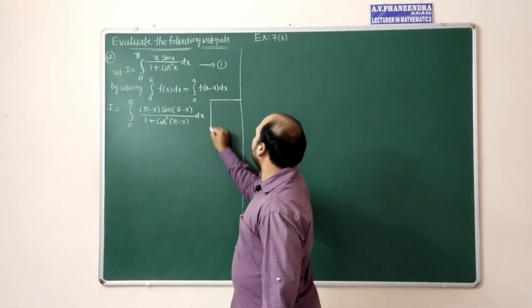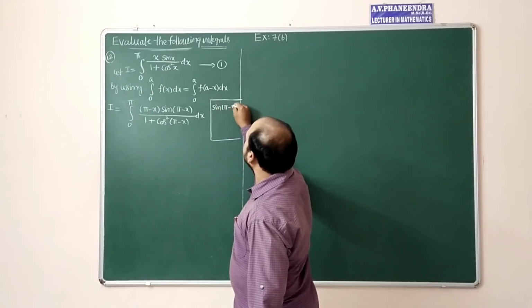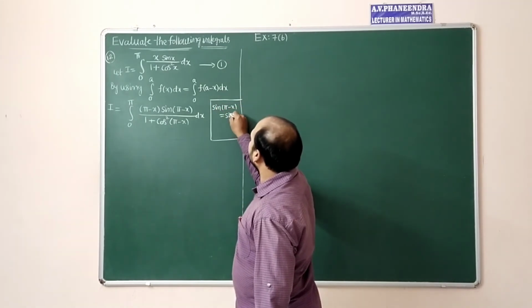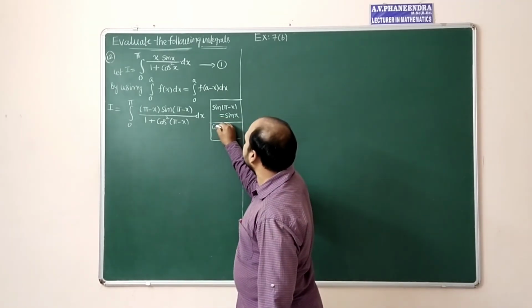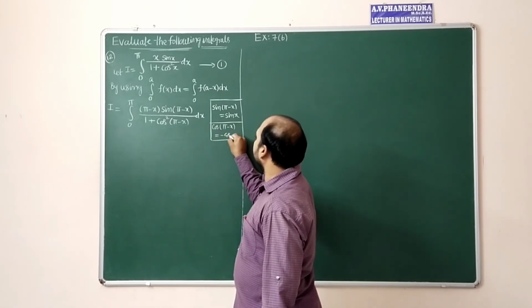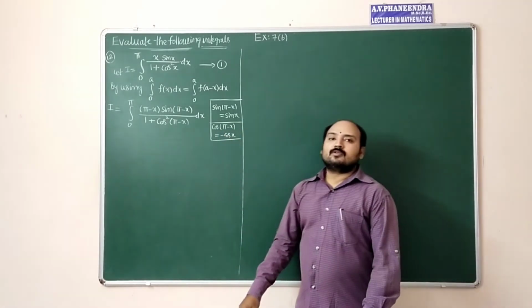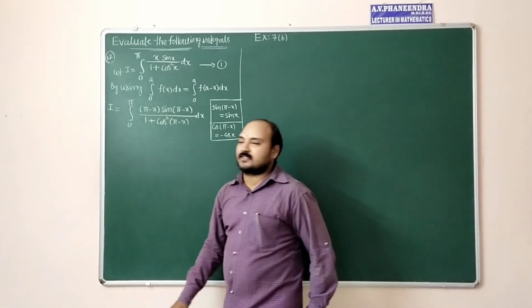And you have to know that sine of pi minus x is sin x and cos of pi minus x is minus cos x. Anyway, square is there, so minus cos x whole square is also cos square x.